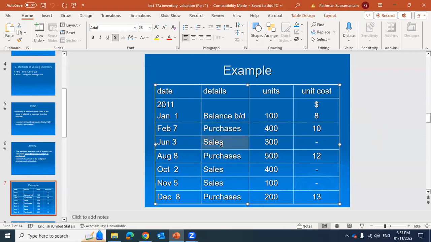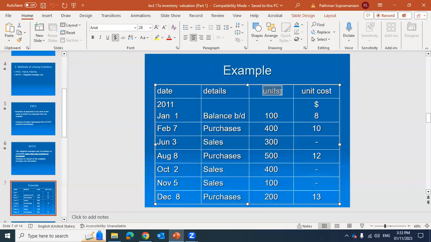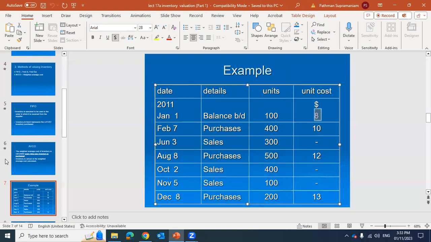Sales, we are removing the inventory from the store. So we have date, details, units. Units here represent the physical quantity of inventory. And unit cost represents the cost per unit of how much we bought the inventory for.